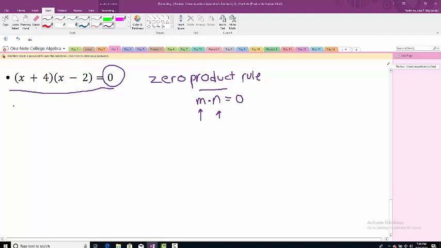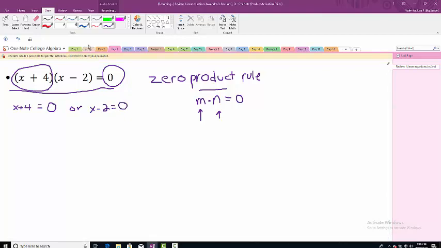So that means if x plus 4, that part of this equation, were equal to 0, well then we'd be distributing a 0 and the whole thing would equal 0. Or if x minus 2 were to equal 0, same idea. The whole thing would equal 0.